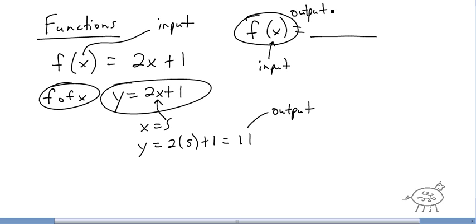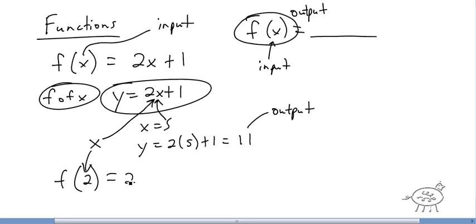Okay, so it's really not a difficult concept, but you have to understand that whatever I tell you x is, that's what you're going to put into this x right here. You're going to multiply it by 2 and you're going to add 1. So it's your input, and let's talk about that. If I said f of 2, that means this is my input. This is my x value, so that goes into that x right there.